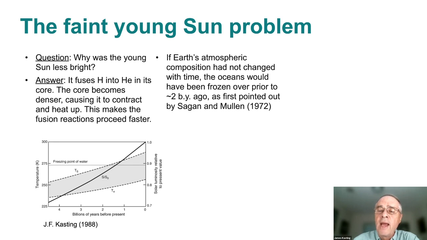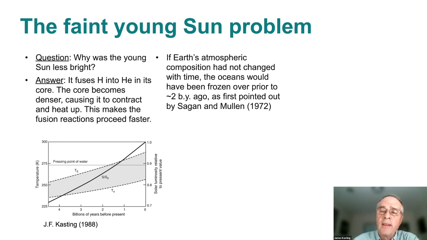The two dashed curves, the lower one is T sub E, the effective radiating temperature that one can calculate by balancing input of energy to the Earth against export of energy. And then the upper dashed curve is the effective surface temperature calculated with a climate model.